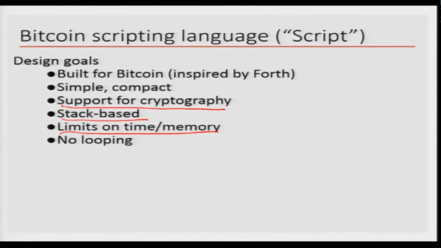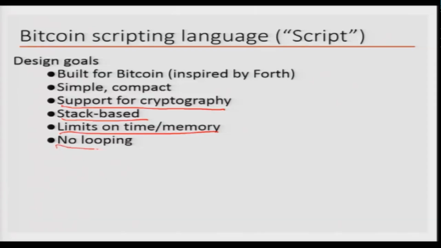Therefore, it is pretty limited, because we do not want this. These scripts are written by somebody else, because when you are validating a transaction, the script sig or script pub key is written by the person who actually put the transaction in. If he is a malicious user and he had a time consuming instruction there, then all the validators would get into a huge time consuming computation, which will delay validating all other transactions.